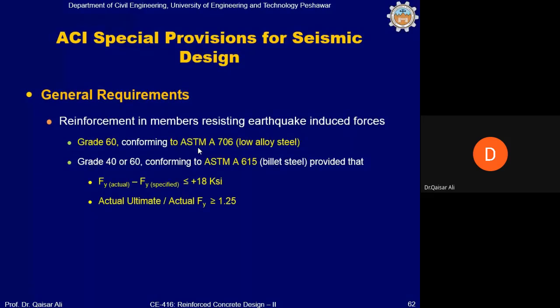If after the yield the gap between the yield and ultimate is very narrow, then the ductility of the steel will be less, because deformation ductility or strain ductility is defined as strain at ultimate divided by strain at yield. So if the gap between ultimate and yield is very narrow, then the ductility will be less. And the ACI code wants to make sure that ductile bars are used in frame structures.